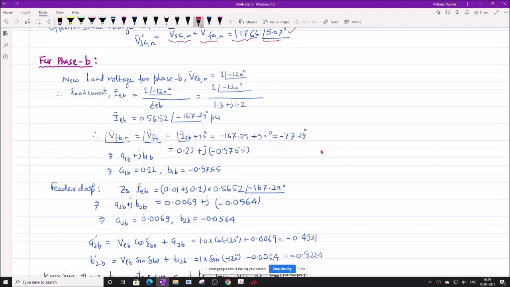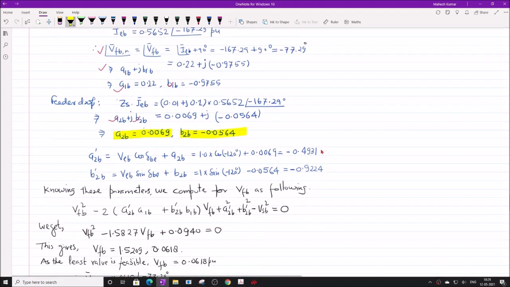So first you find ILB, then you find the angle of VFB, then you solve for A1B and B1B here, then the drop across the feeder, that is A2B and B2B, and here the A2B is 0.0069, B2B is negative 0.05554, but this time VLB is not a reference phasor, and hence this will come VLB cos delta BL and VLB sin delta BL.